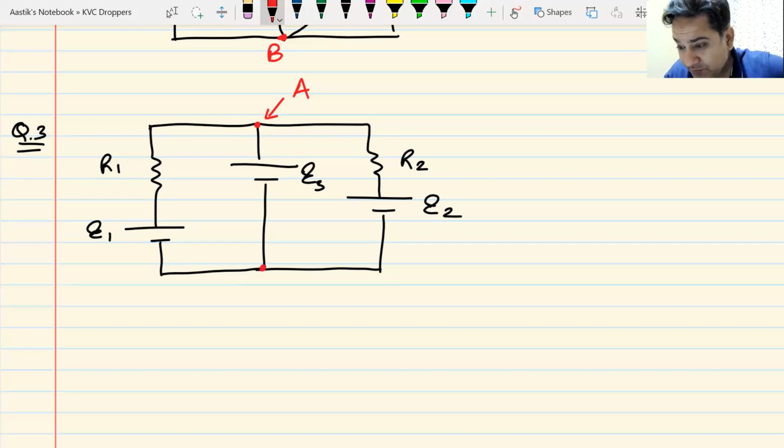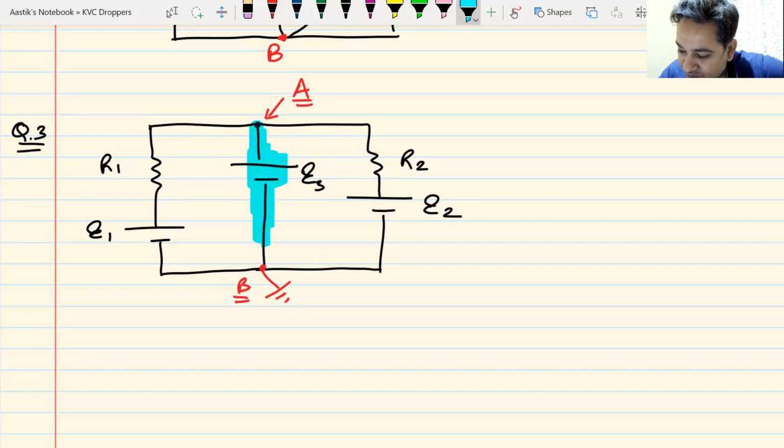Here, the nodal becomes very simple. If you call this point as point A, this is point B, the nodal becomes simple. In fact, it becomes very simple because now, since there is no resistance in this branch, I'm talking about this branch.